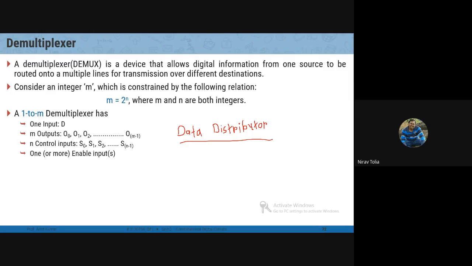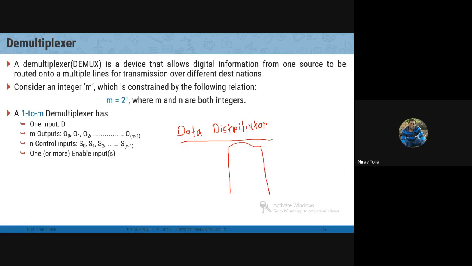Why is it known as a data distributor? See, a multiplexer is known as the data selector because at the input we have numbers of data, and what the multiplexer does is select any one data and connect it with the output. But in a demultiplexer we have only a single input, so only single data input.